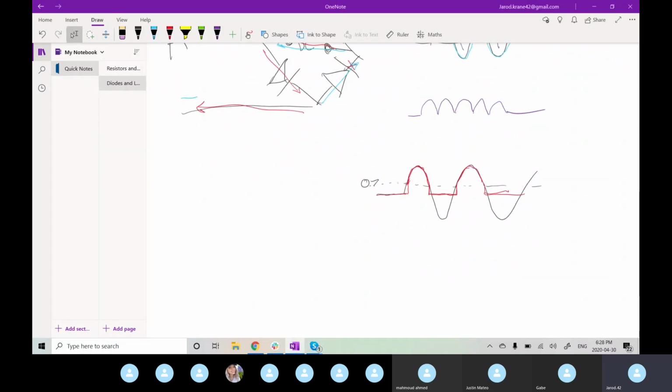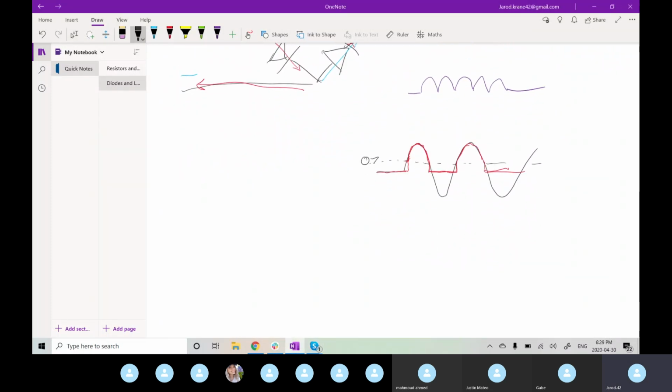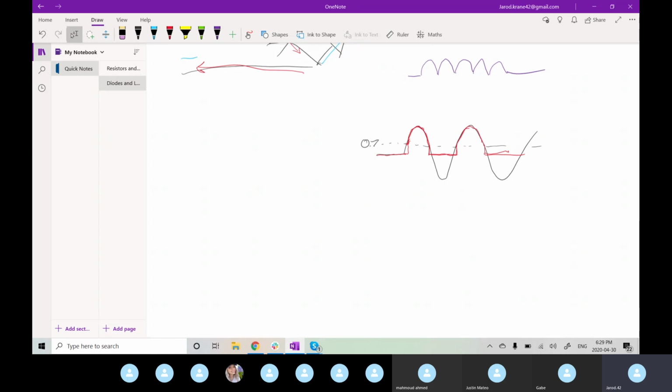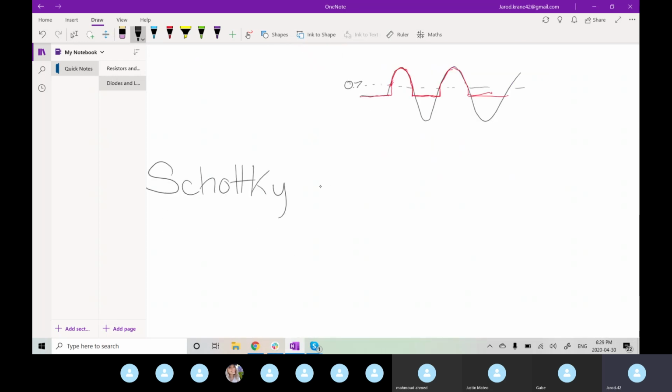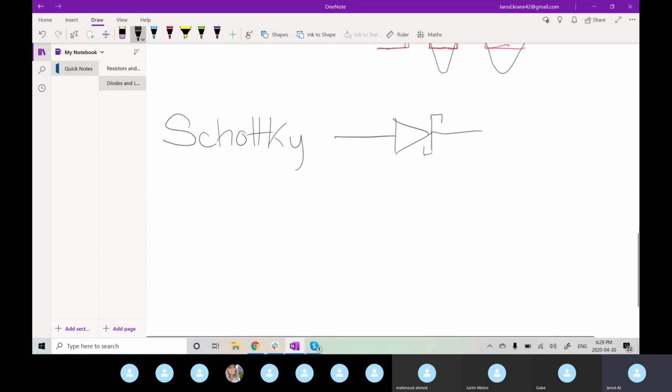Then on to the next one, the Schottky, which now has a slightly varying symbol. It functions basically in the same format as the general purpose.